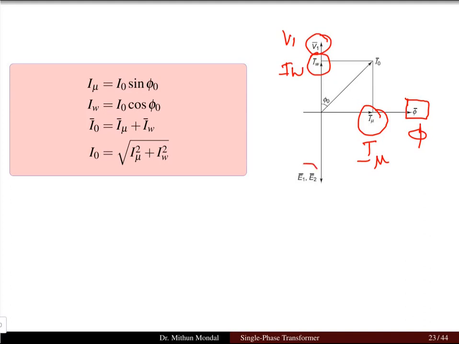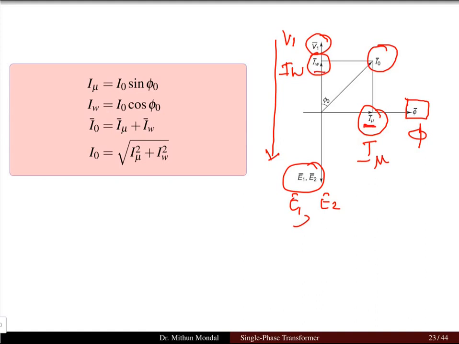Also we know that E1 and E2, that is the induced EMF in the primary winding and secondary winding, are in anti-phase, 180 degrees, with respect to V1. And we can say that the current I0 is the vector sum of I mu and IW.